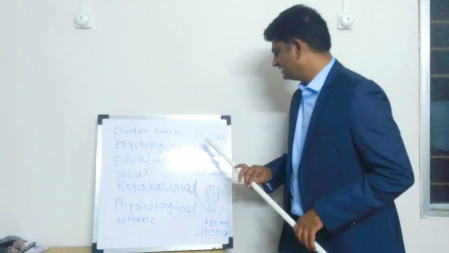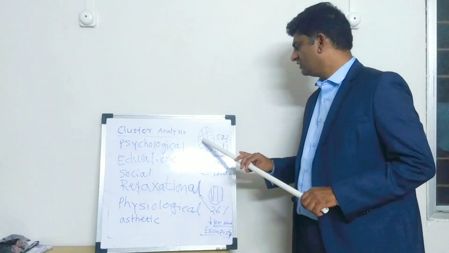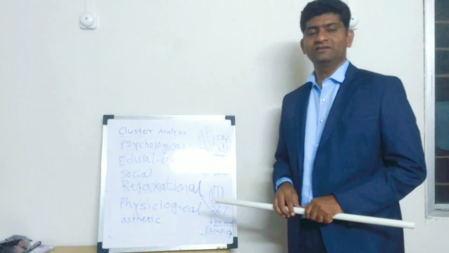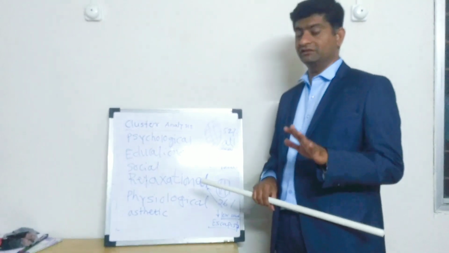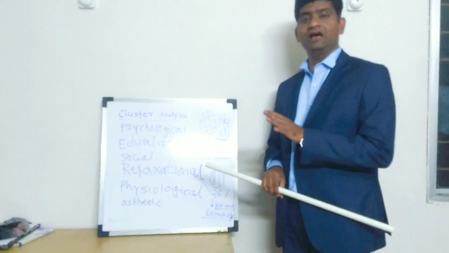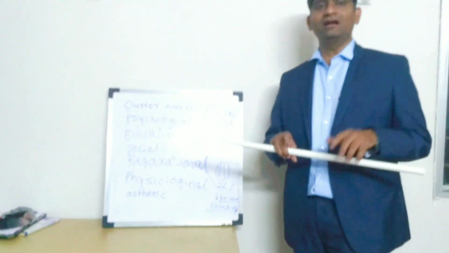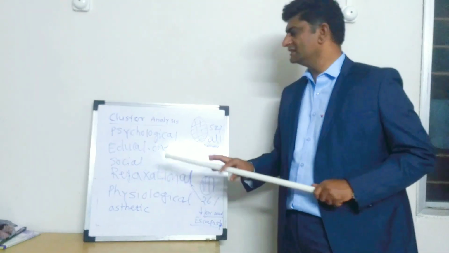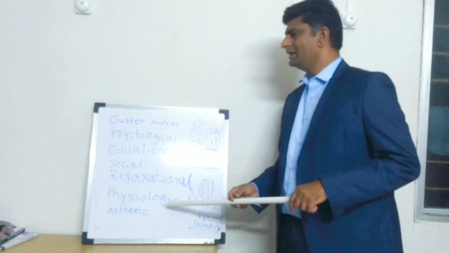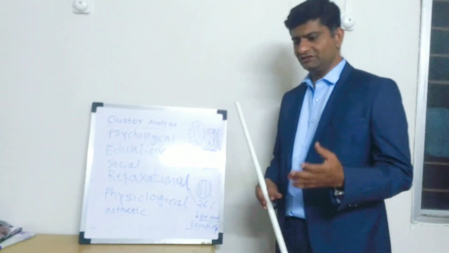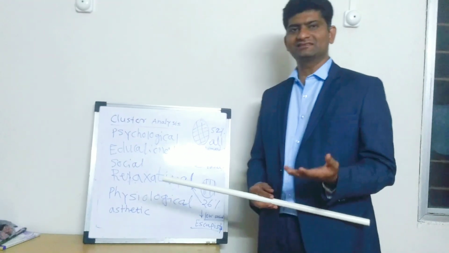First cluster is of 52% of people, a very large cluster, but they were labeled as demanders. Now what demanders are, they wanted many benefits at a time. They wanted social also, they wanted educational also, relaxational also.